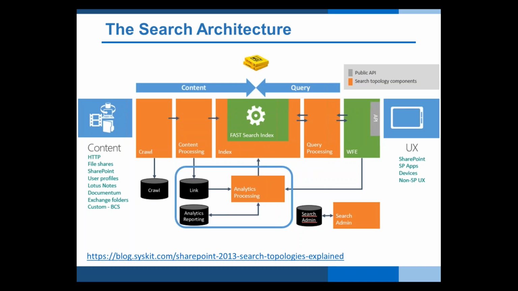As you click on links, we learn the relevancy of that. We have a database called the analytics database. We analyze statistics, so analytics, just a fancy term for that. And we report back, and those items will be increased in those search results.